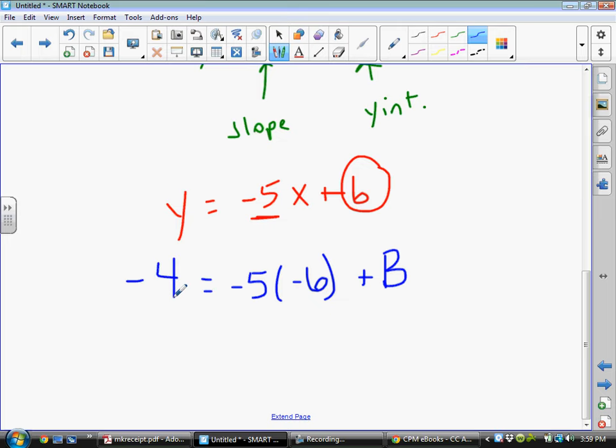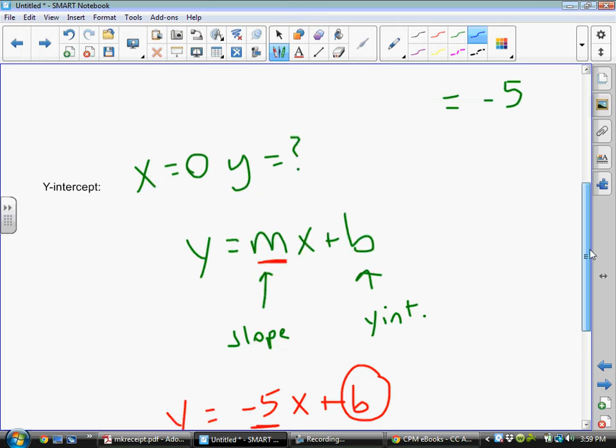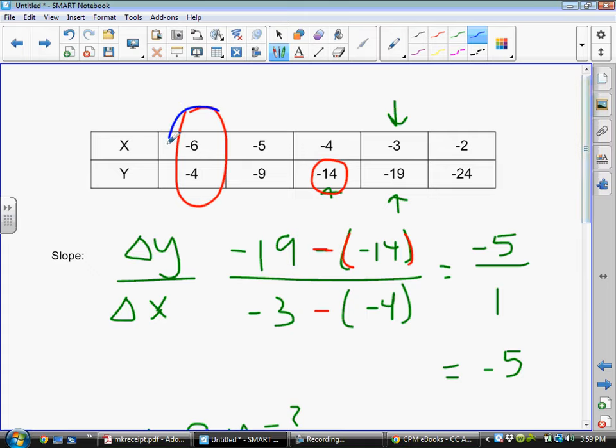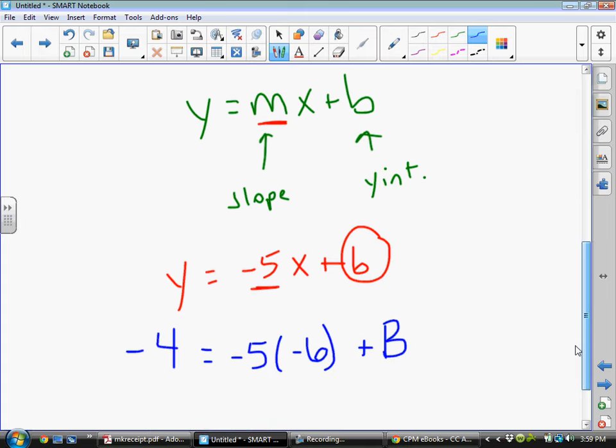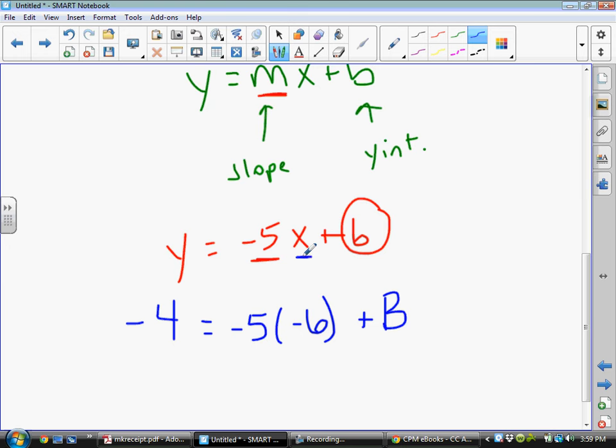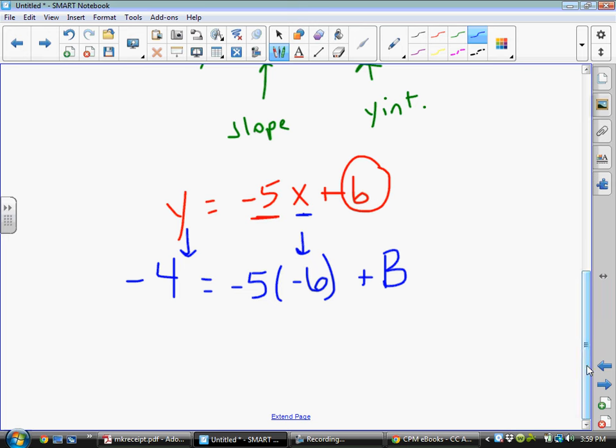All I did was replace these points, x and y, into my equation where x and y were. X became -6, y became -4. My slope we already found. The only thing left to find is the b, or the y-intercept. So now I'm going to multiply. -5 times -6 gives me +30 plus b.